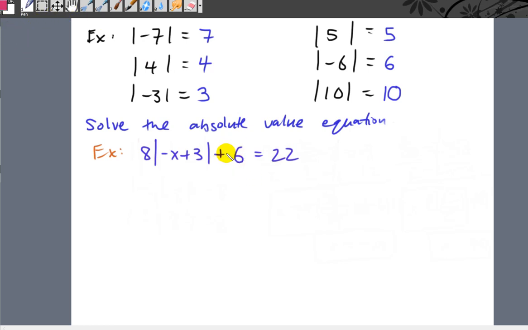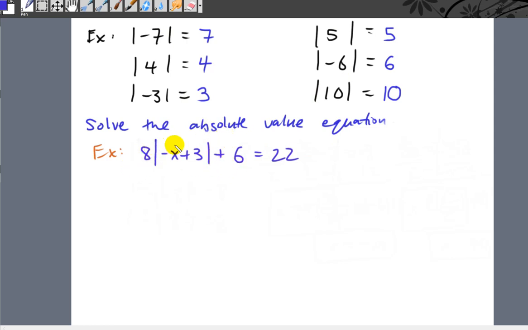Okay, so now that we have something like this, it's like the idea earlier when we had to isolate a radical or square root from the other lesson. This time we have to isolate the absolute value expression before we manipulate. So we want something like this, as you can see above, before we go ahead and try to solve.